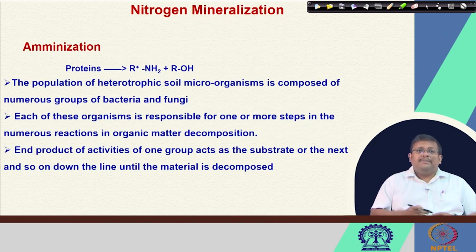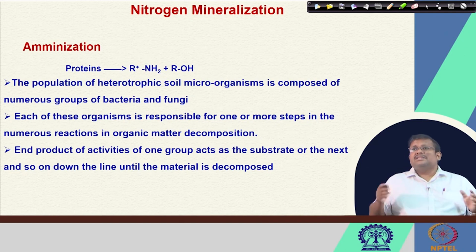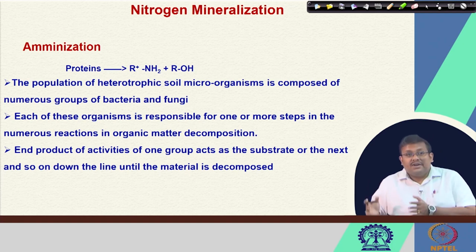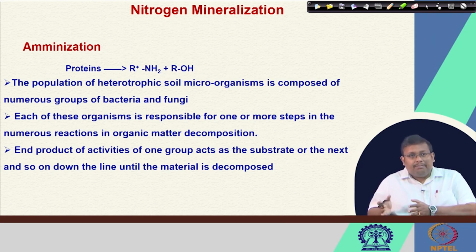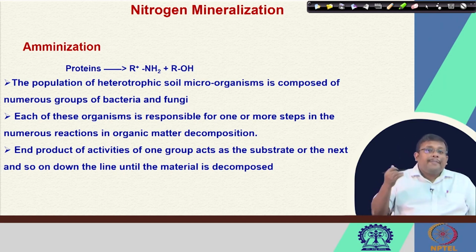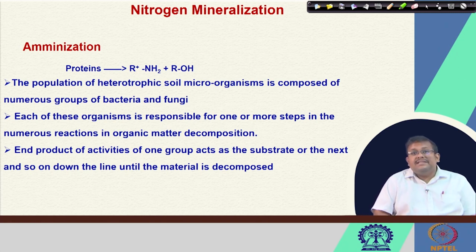Now, let us start with the aminization process. Aminization is basically the conversion of proteins to compounds with amine groups. The population of heterotrophic soil microorganisms is composed of numerous groups of bacteria and fungi, and each of these organisms is responsible for one or more steps of the numerous reactions in the organic matter decomposition process.